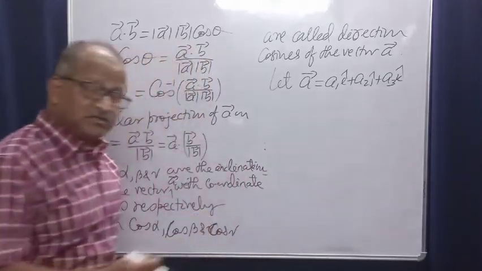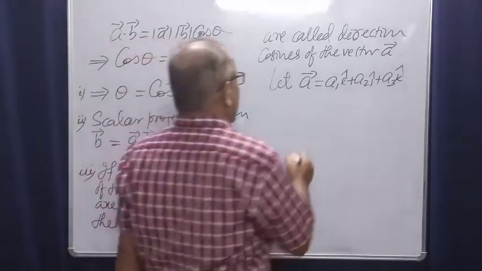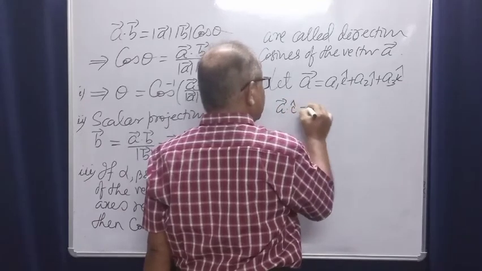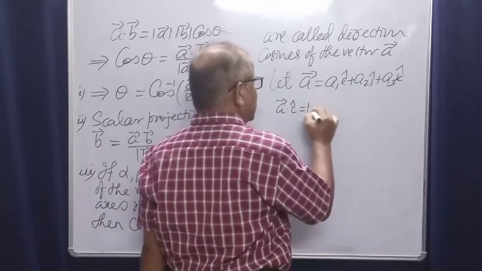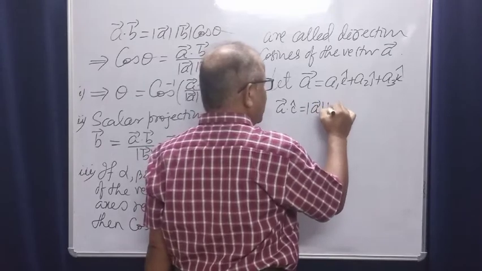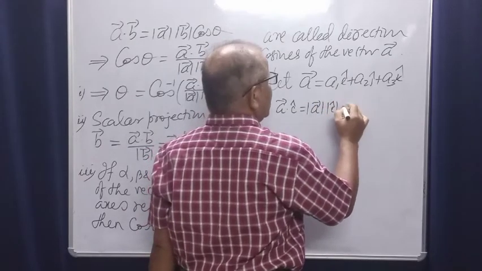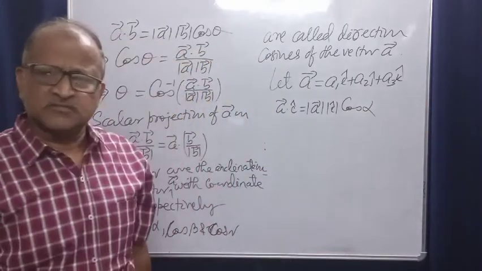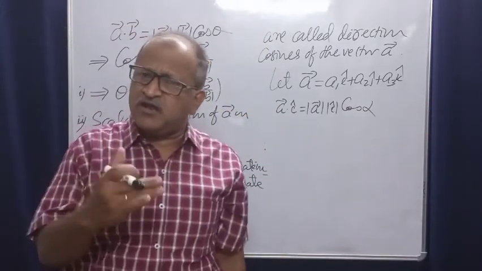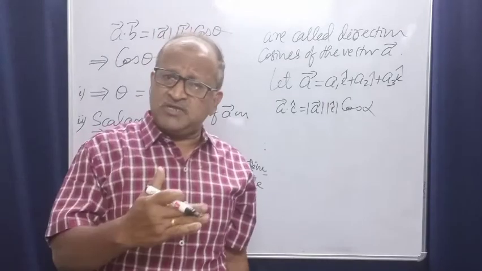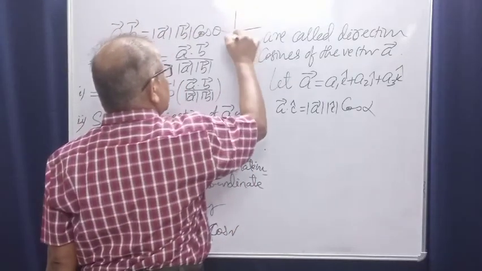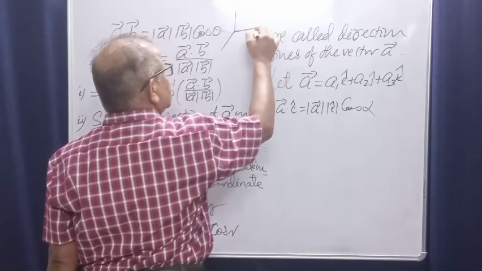Cos alpha: a dot i cap is equal to magnitude of a into magnitude of i cap cos alpha. i cap is the unit vector along the positive direction of the x-axis.